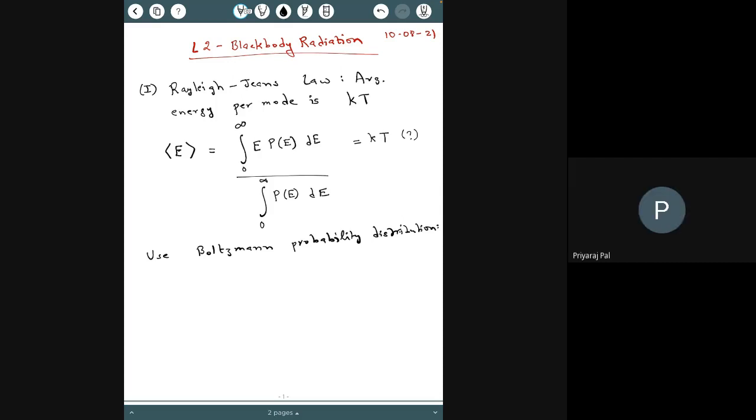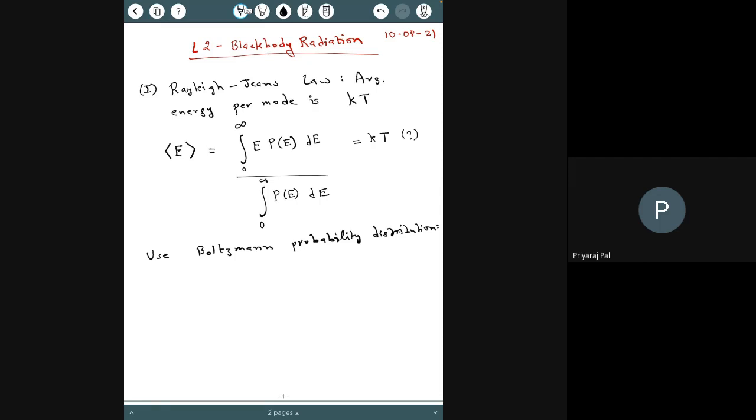Ma'am, how do we arrive at the fact that we will use the Boltzmann probability distribution only? Why can't we use any other probability distribution? So if it's classical physics, then when you have a heated body, this is the only distribution that relates the energy to temperature, and that is what we want, right?